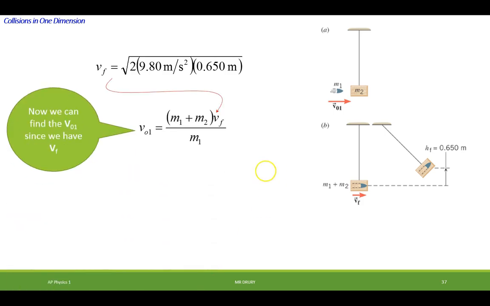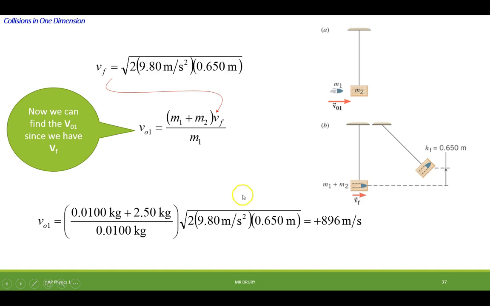There's our final velocity, and we'll plug it into our initial equation and put the numbers in, and there we can calculate what the initial speed of the bullet was, 896 meters per second. So this was a good review problem because it made us look at both conservation of energy and conservation of momentum. And this is an example of a totally inelastic collision.